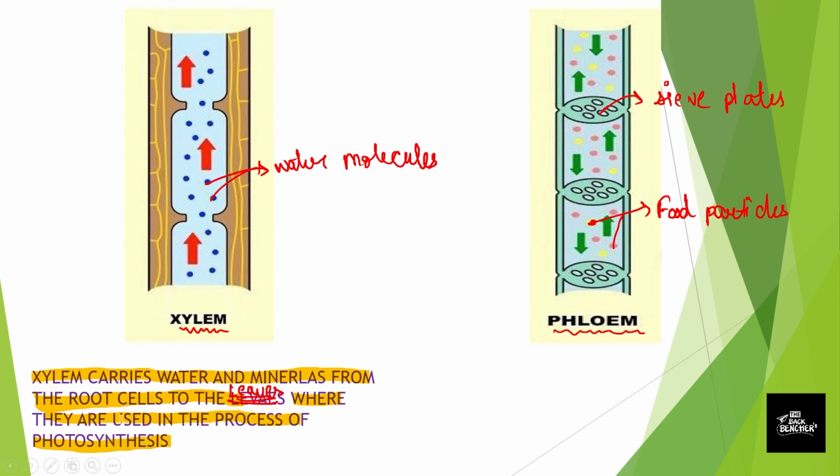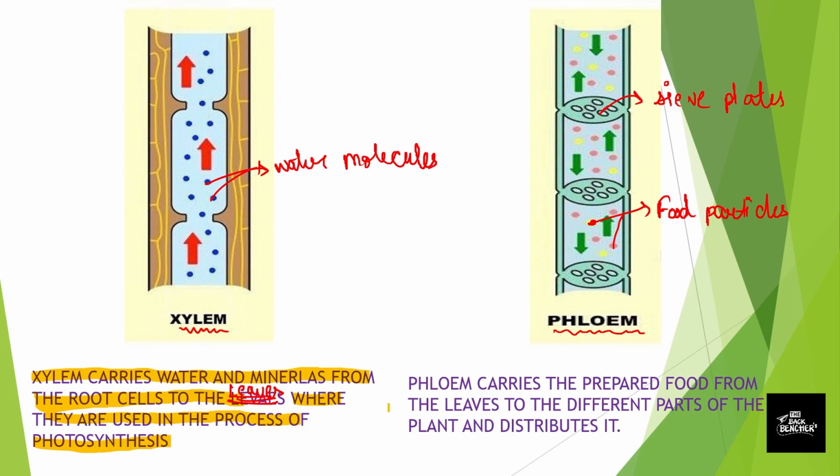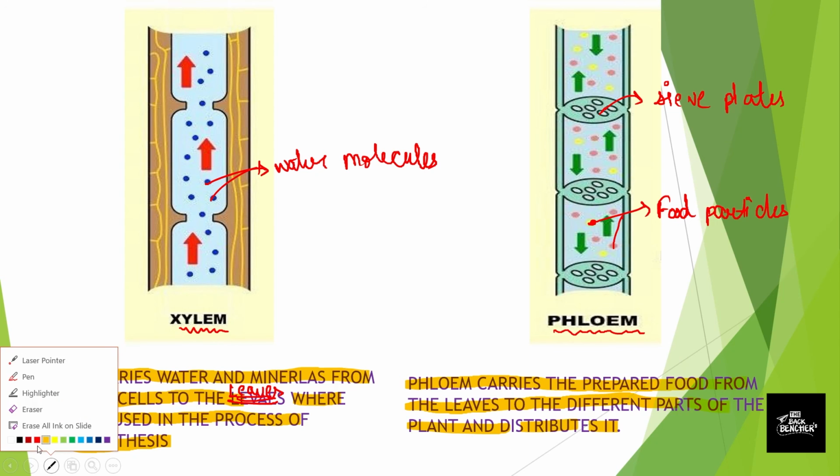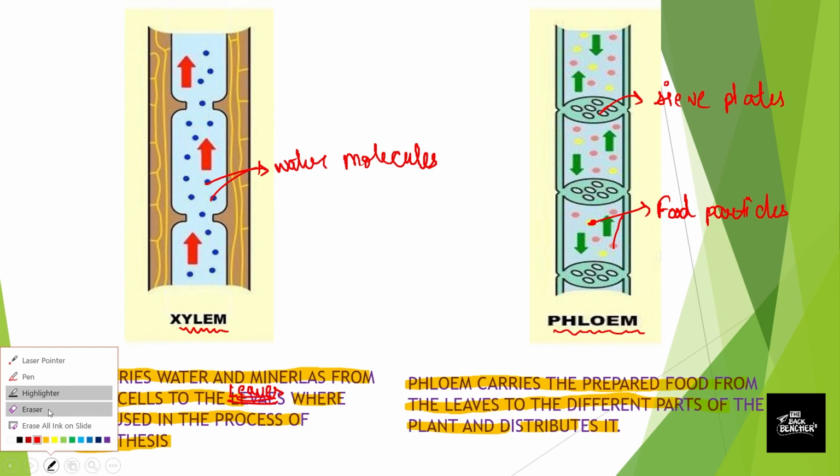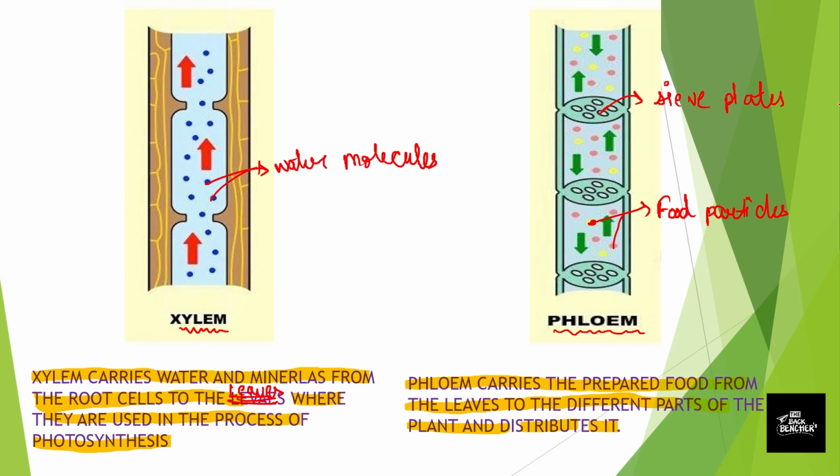After photosynthesis has taken place, phloem comes into action. Phloem then carries the prepared food from the leaves to the different parts of the plant and distributes it. When you write about phloem, add one more point: it distributes it evenly. Let me write it down here.